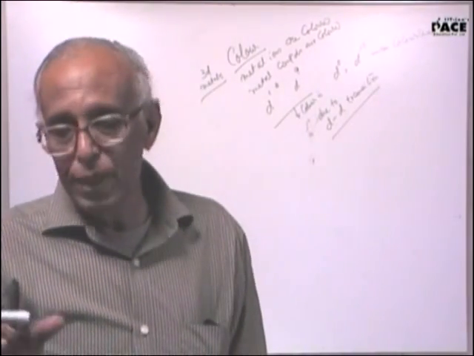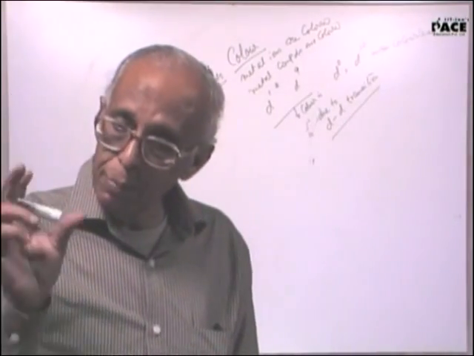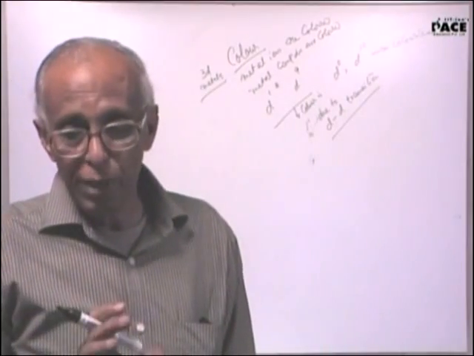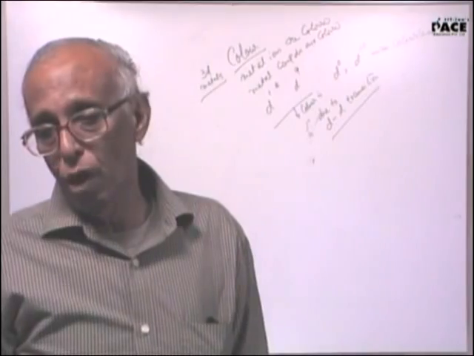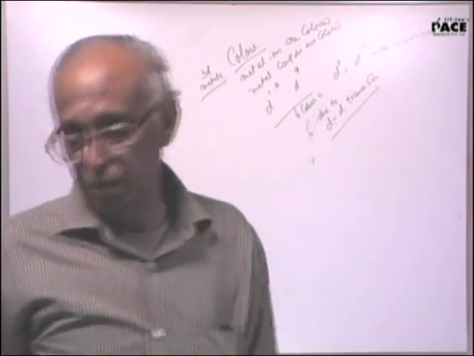The color which we see is due to the transmitted portion of the visible light, not the portion which is absorbed. The portion which is not absorbed gives rise to the different shades of color.